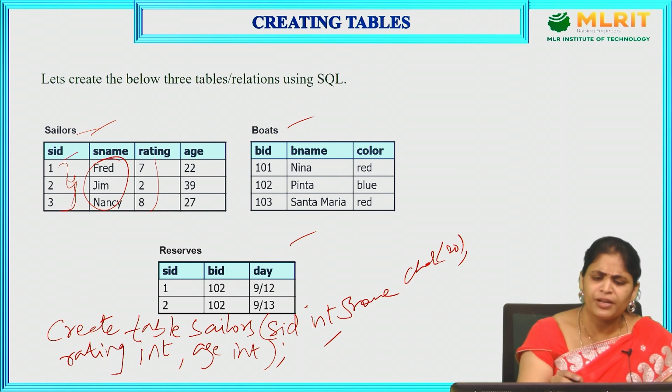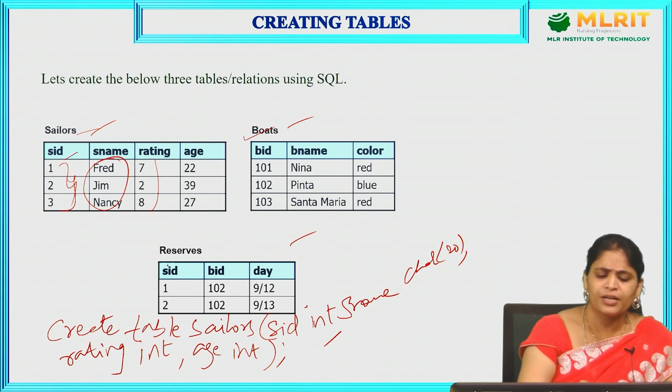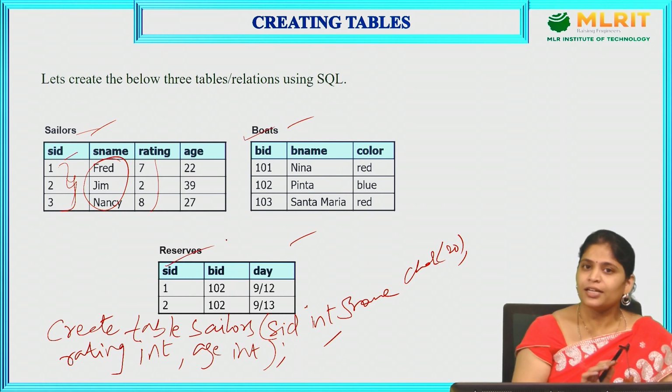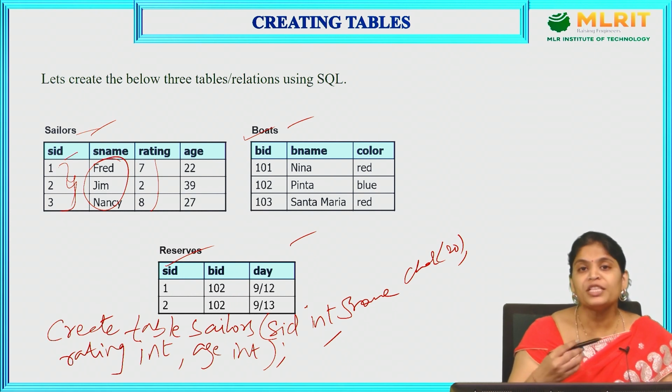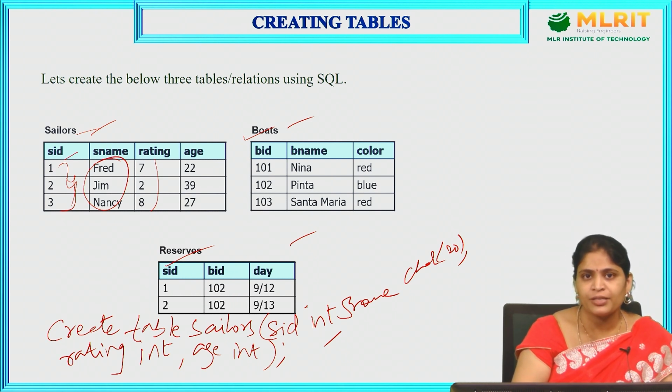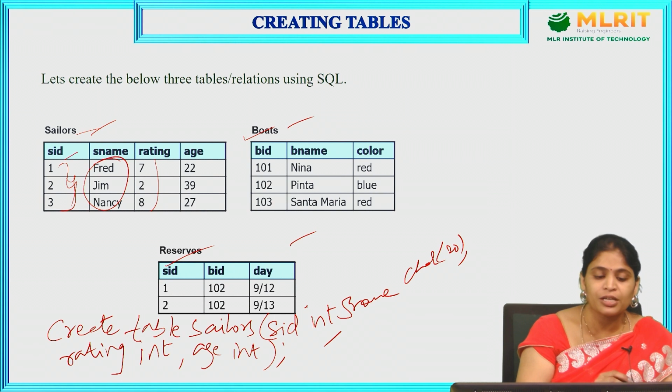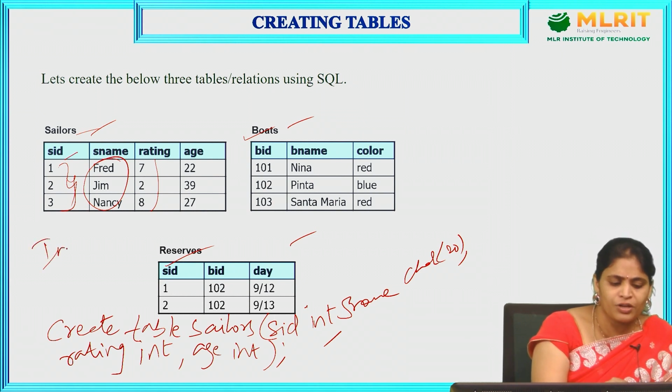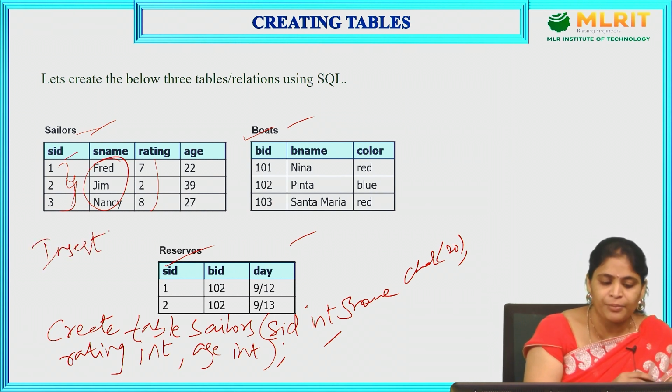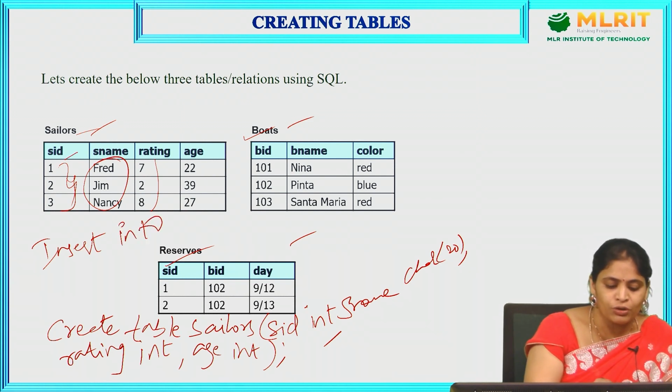In the same manner, we create the Boats table and the Reserves table. Then the tables will be created. Then how to insert data into these tables? By using the insert command. This one I have already discussed, but again I am writing. Insert into, what is the table name here? Sailors.